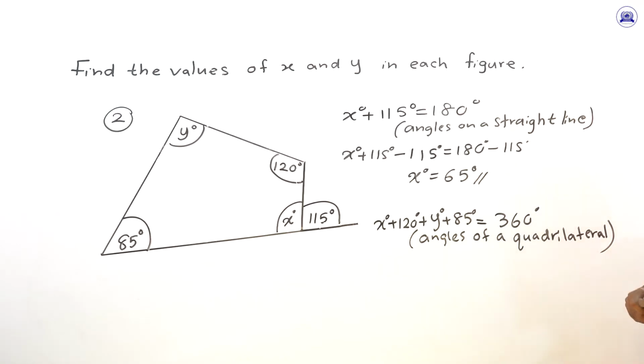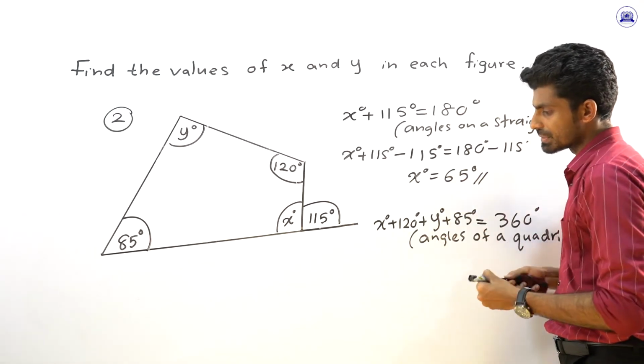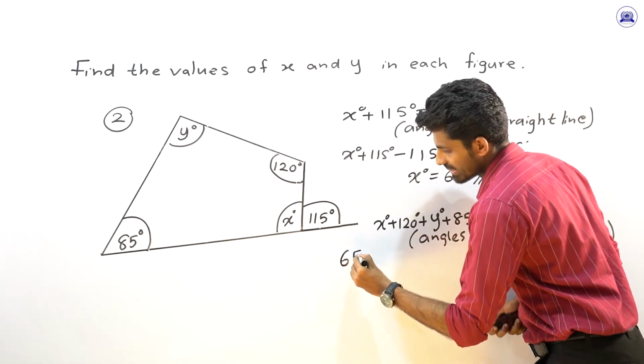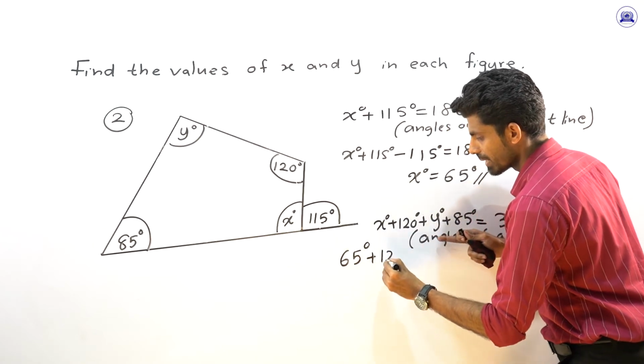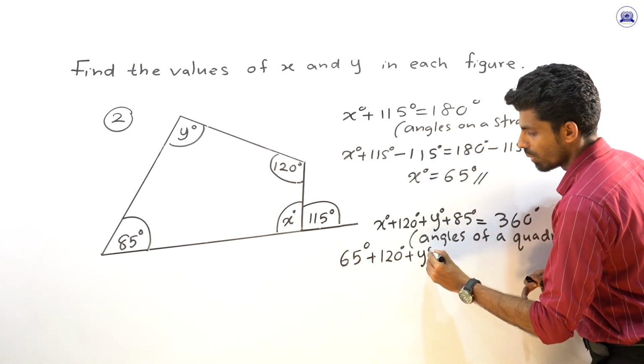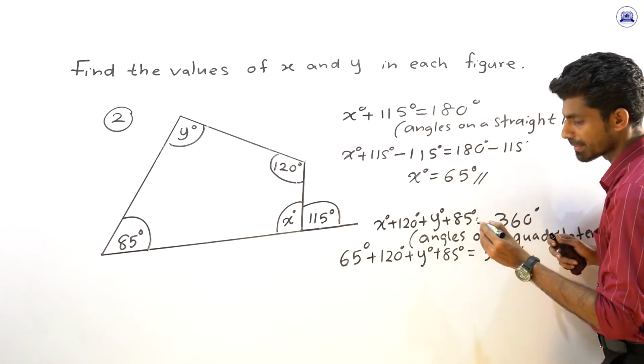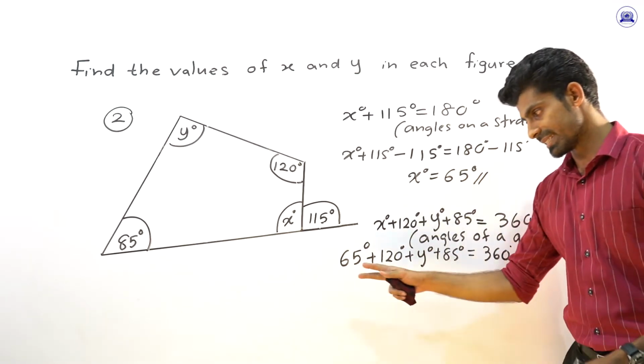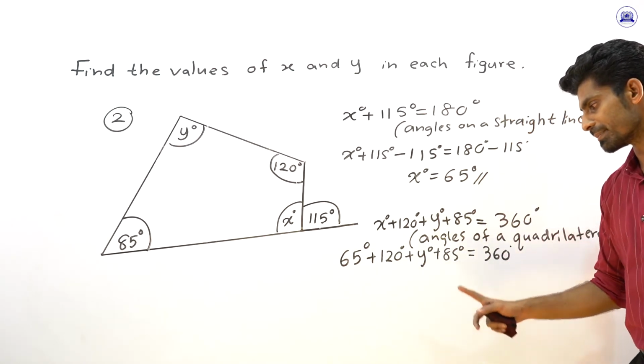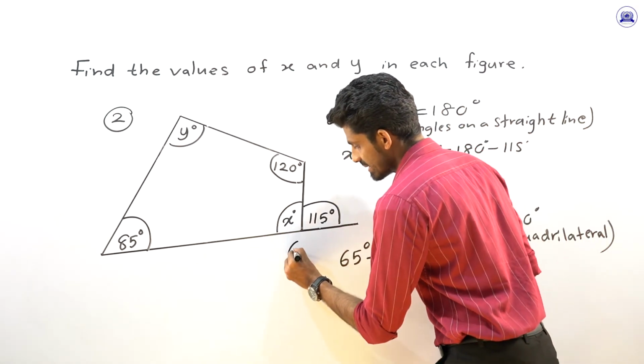Angles of a quadrilateral. So x equals 65. 65 plus 120 plus y plus 85 equals 360. 65 plus 120 plus 85.